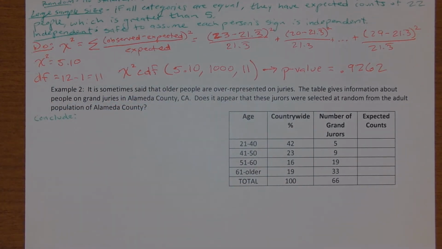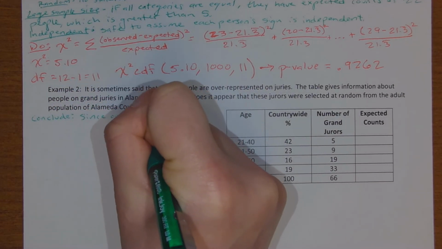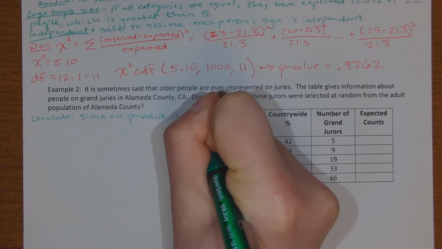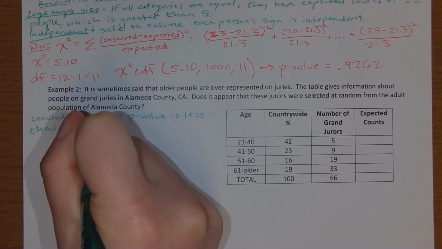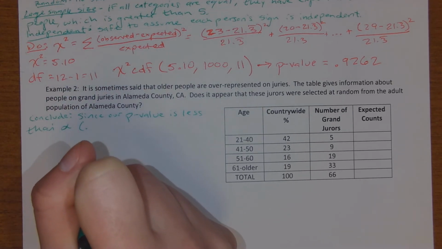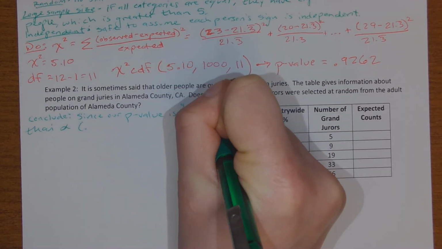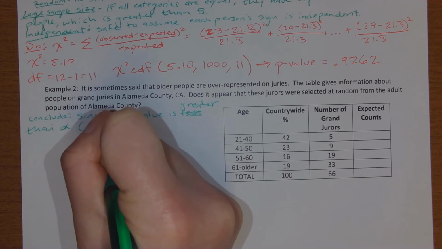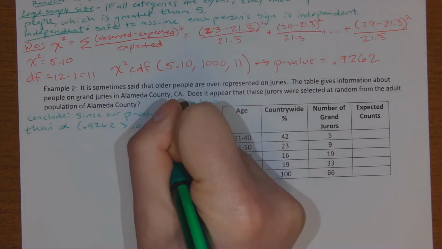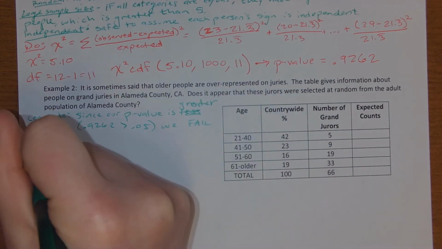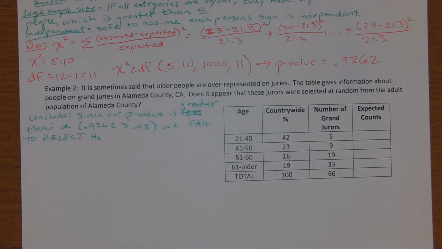And this conclusion, just like our other significance tests, since our p-value is greater than alpha, basic math, folks, 0.9262 is greater than 0.05, we fail to reject the null hypothesis.